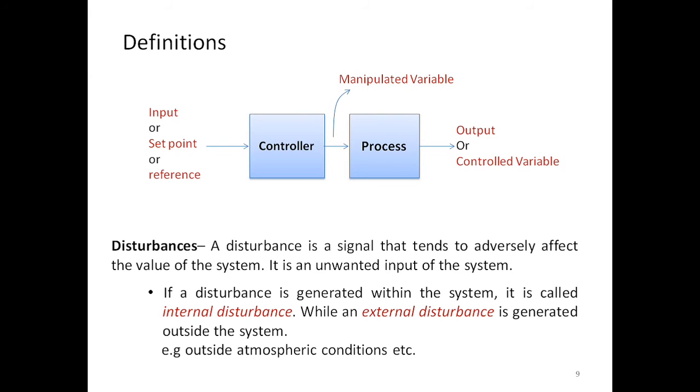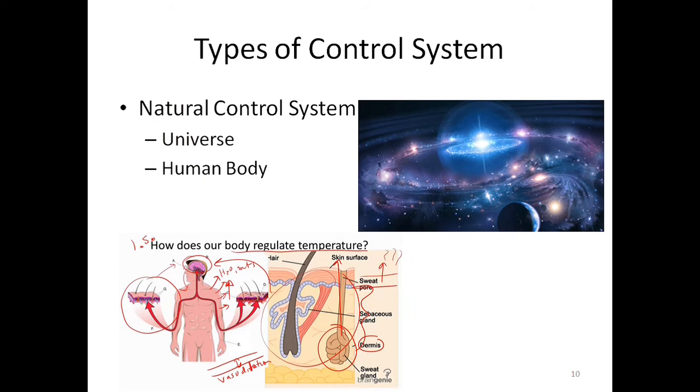An example is outside atmospheric conditions. So if the outside temperature is very high, it also affects the room temperature. Or if there are so many people in a room, that is also a kind of disturbance.